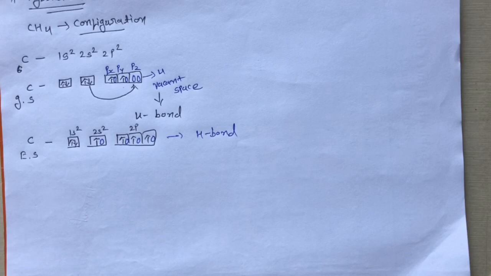So now we will judge the shape. A very smart American scientist said that how a bond is formed is really something interesting, right? So he said carbon will make better bonds with hybrid orbitals, right?